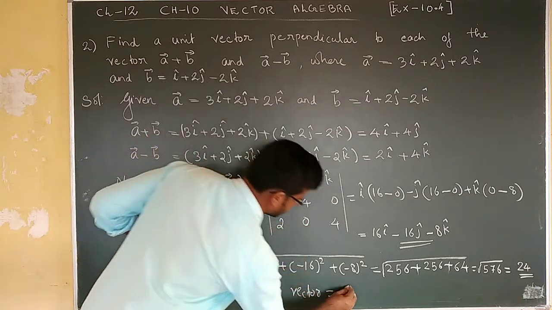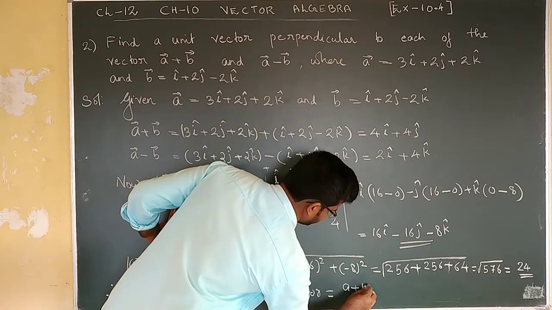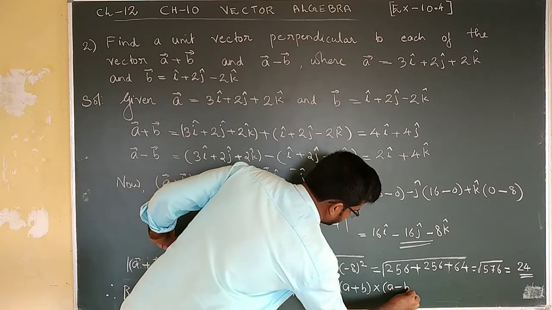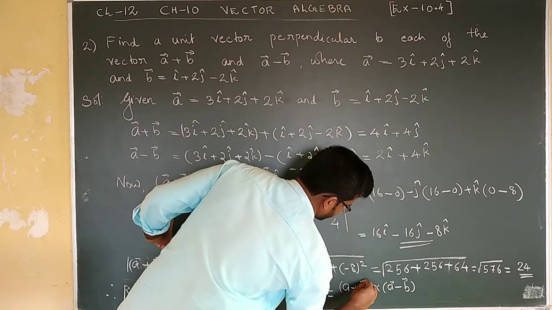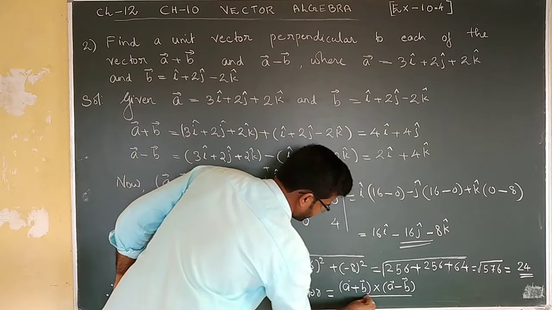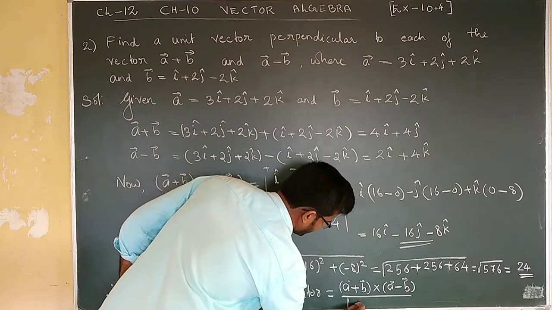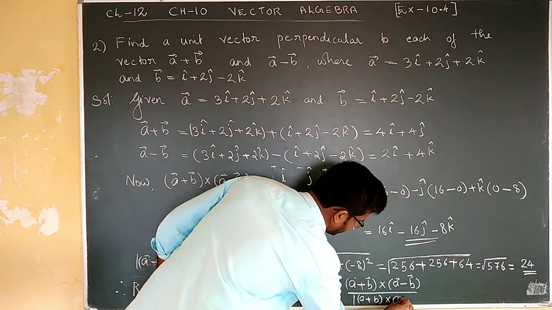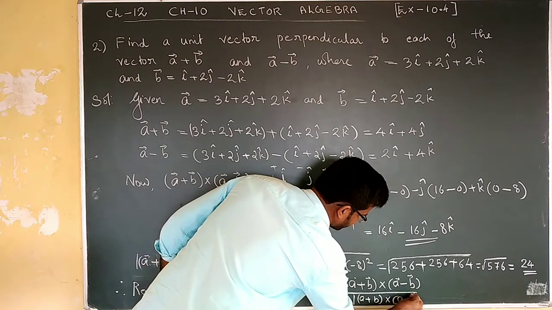Our vector is A plus B cross A minus B divided by the magnitude of A plus B cross A minus B.